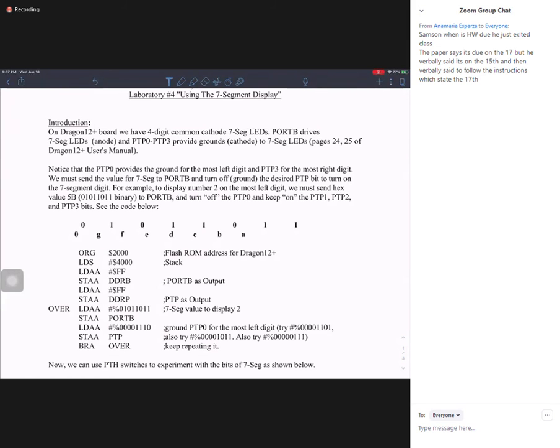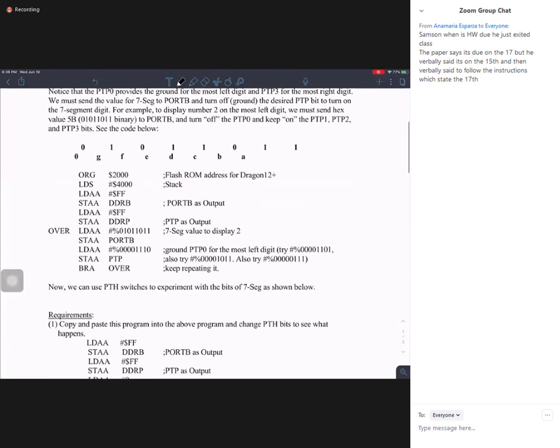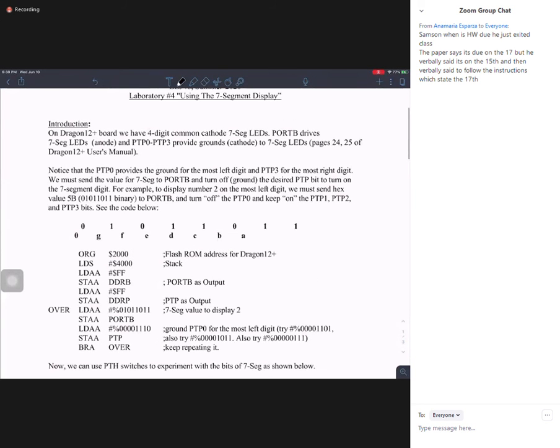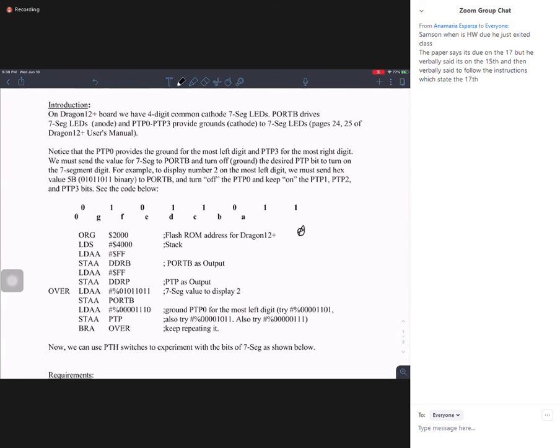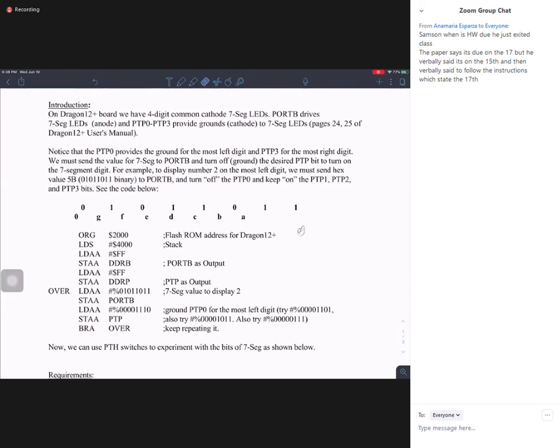So if you take a look, give me a second. Let me draw a little figure over here. I'm just going to make it purple.